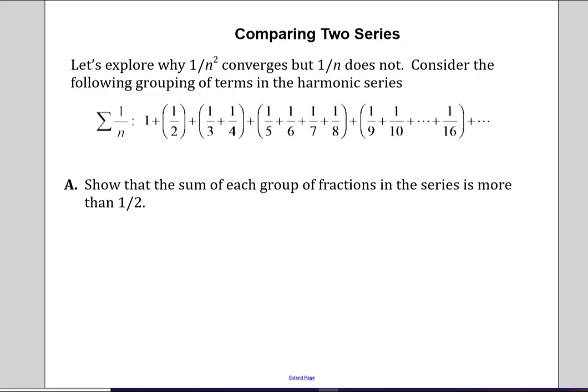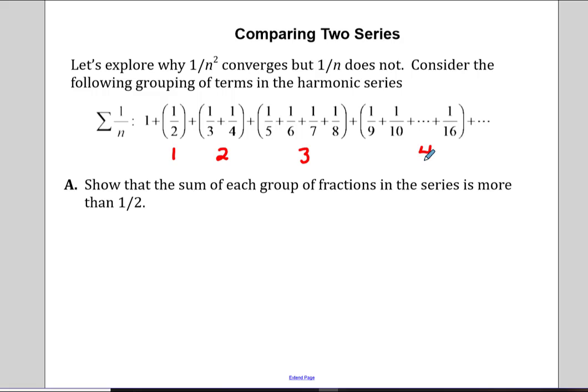Let's explore why 1 over n squared converges, but 1 over n does not converge. I want you to consider the following groupings of terms in the harmonic series 1 over n. So this one's 1, and then we have a first group, a second group, a third group, and a fourth group.